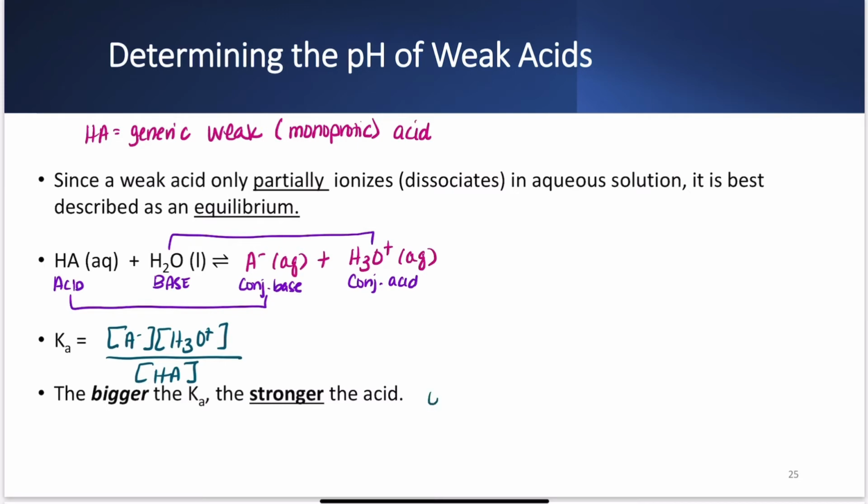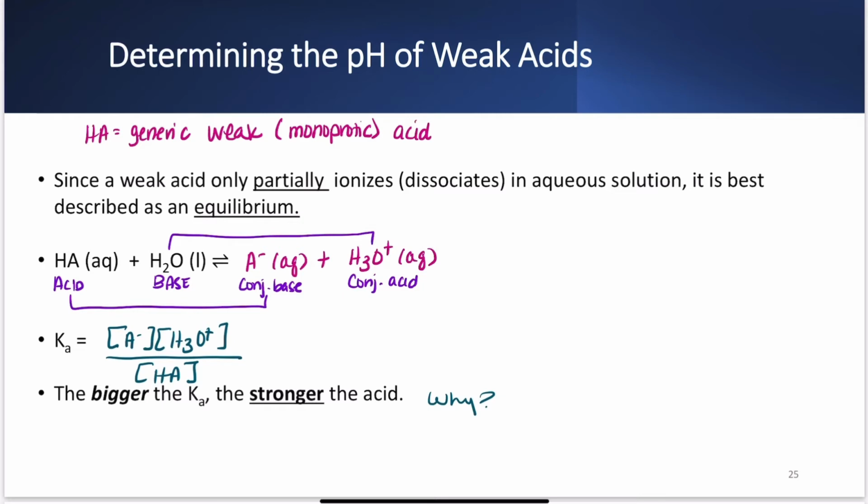Why? I want you to think about that question for a minute. If you have a bigger Ka, what does that mean? Ka is just showing me this ratio between product to reactant. The bigger that value of Ka, mathematically, that means that we have a bigger numerator, smaller denominator, right? Well, that means that I have more product formation and less reactant present at equilibrium.